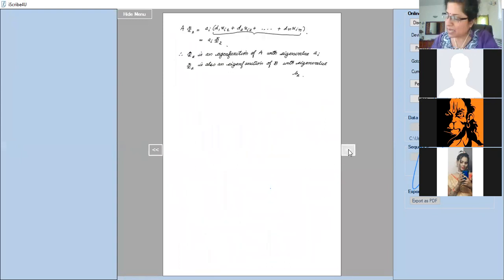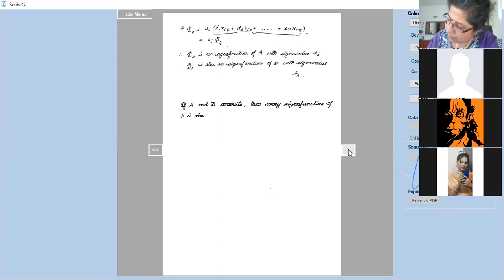Yeah. So basically what you realize is that if A and B commute, then every eigenfunction of A is also an eigenfunction of B. Of course, as I told you, we have hidden some things away in this.